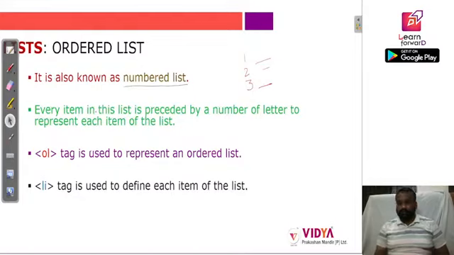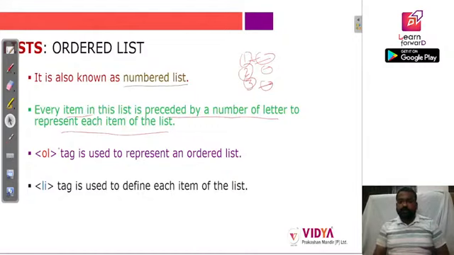That's why it is called a numbered list. In this, every item is preceded by a number or letter to represent each item of the list. That means each item would be preceded by a particular number that tells that it is part of this particular ordered list.